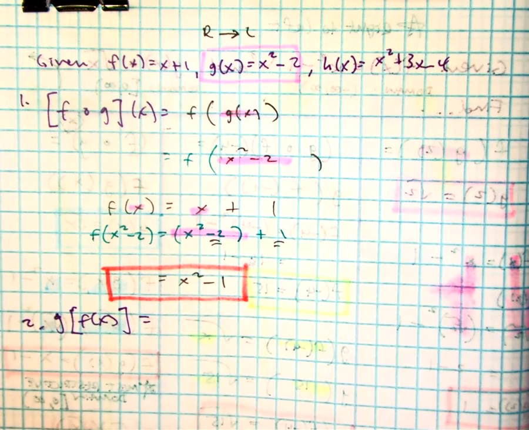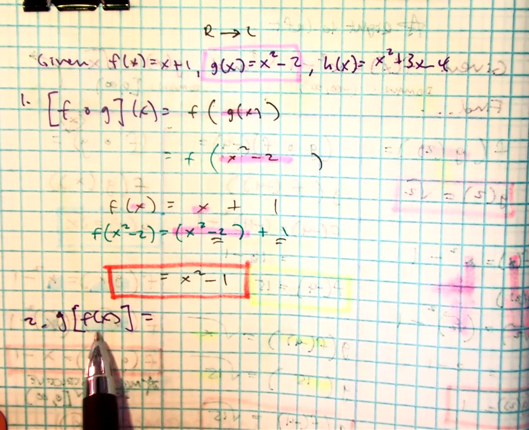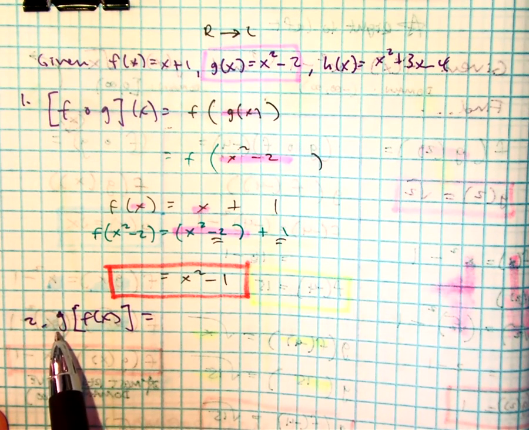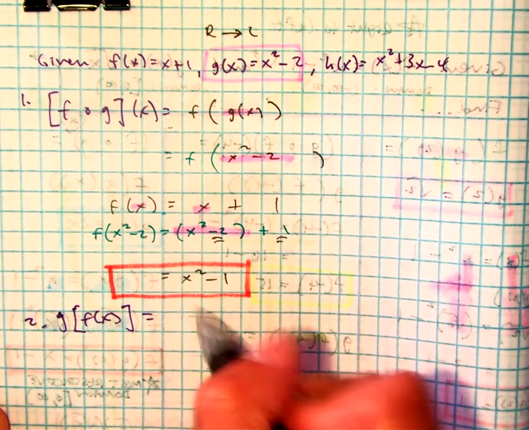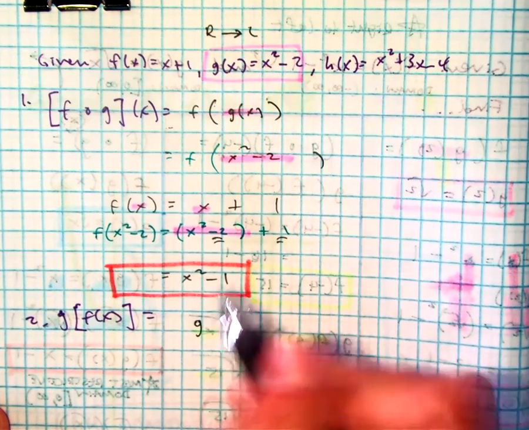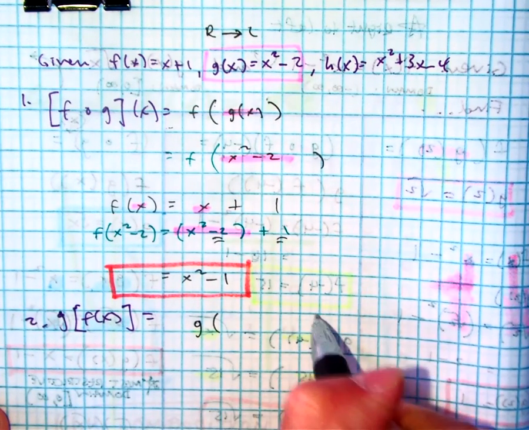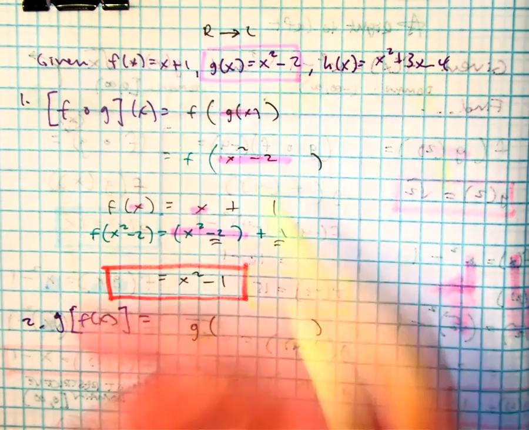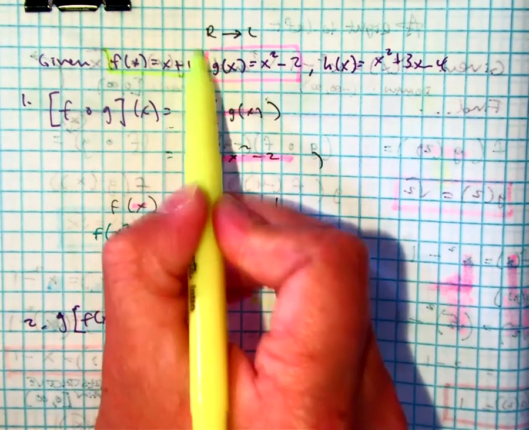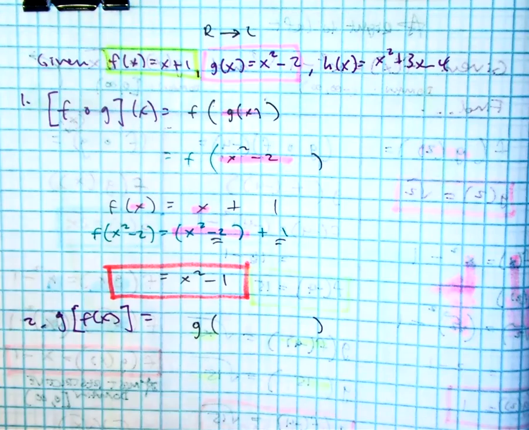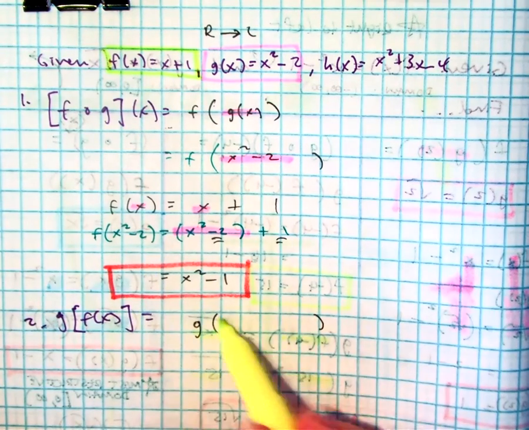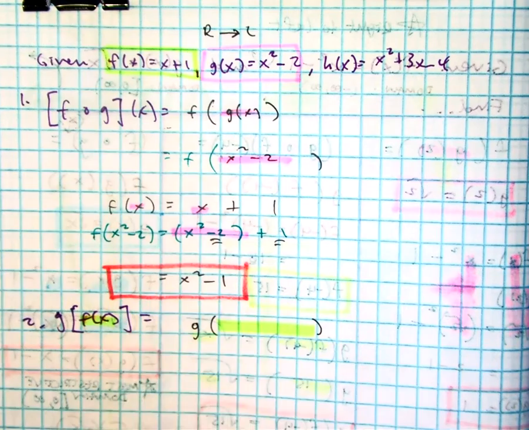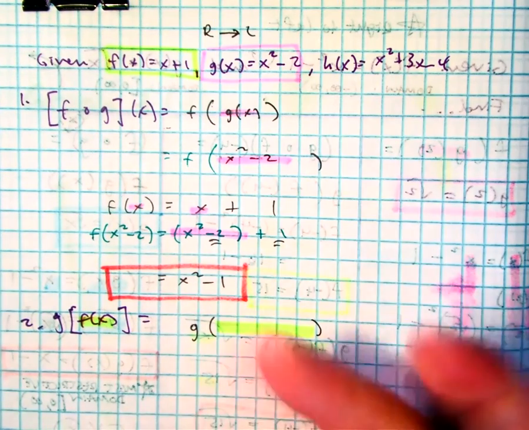Alright, let's try the second one. This one says f of x, we're going to put into our function g of x. So g, and then in the function, we're going to put in f of x. Let's use yellow. So here, my f of x is x plus 1.